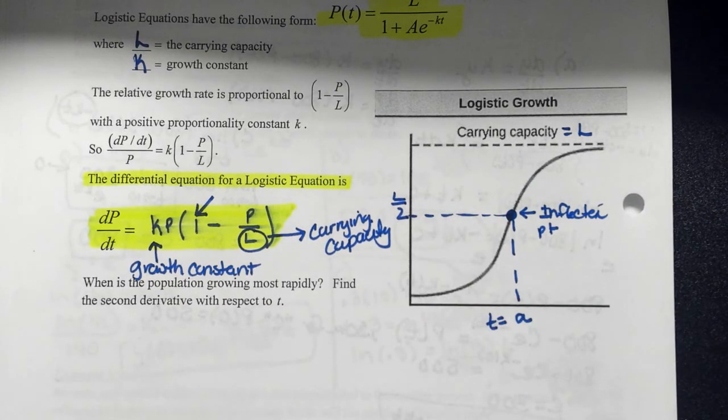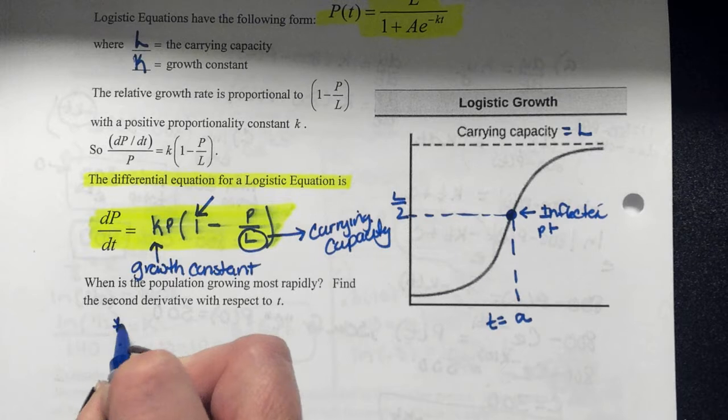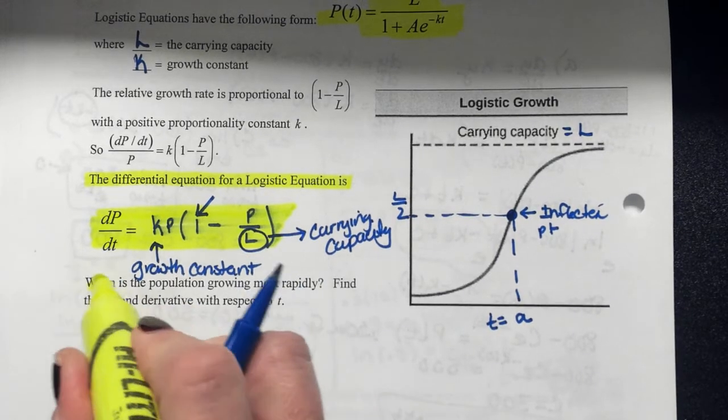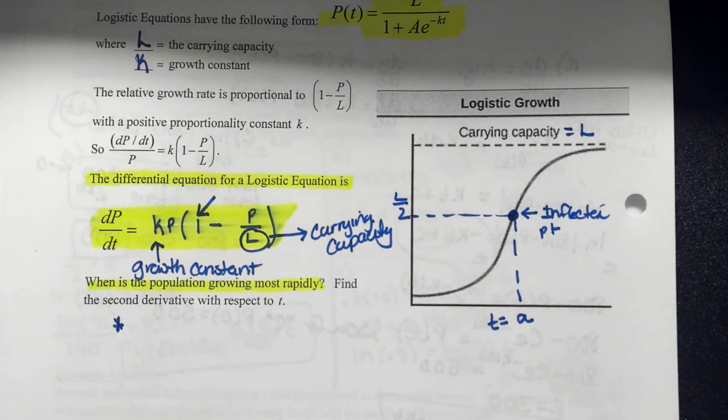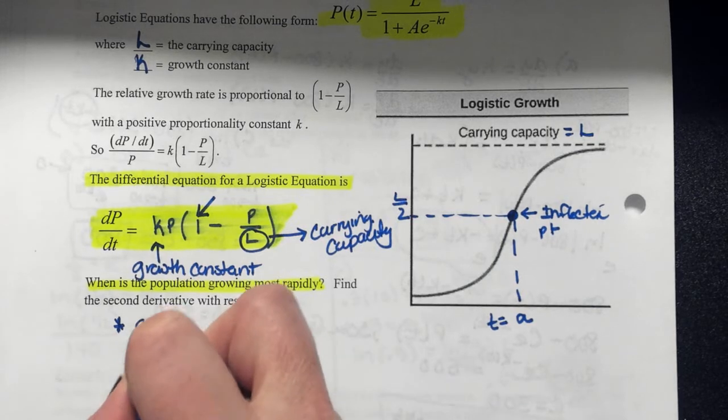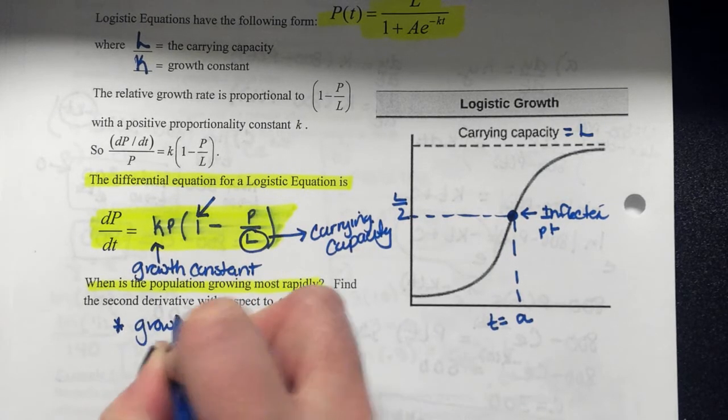That's a very key number when you're dealing with logistical models, because another question they're going to ask you is, when is the population growing most rapidly? It's growing most rapidly at half the carrying capacity.